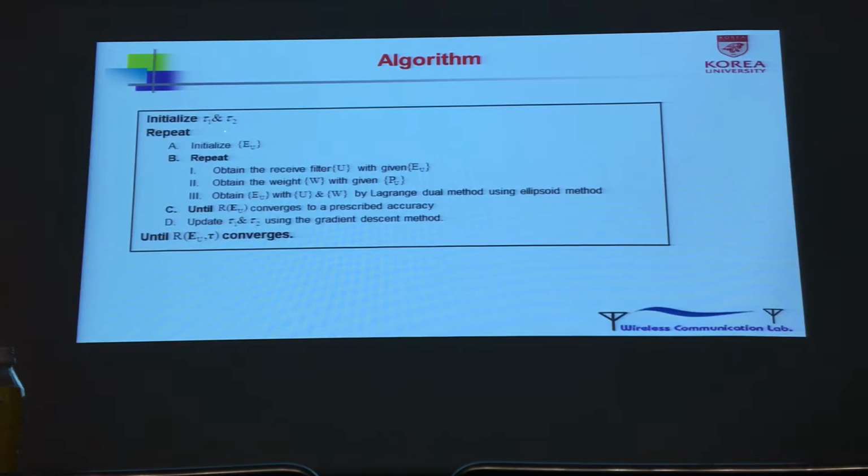First, we initialize tau, and then for given tau, we optimize the power allocation. After the power allocation is done, we update the time allocation tau based on the power computed from the previous stage, and then we go back.